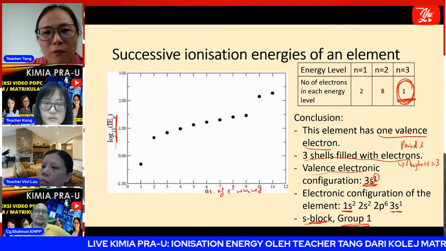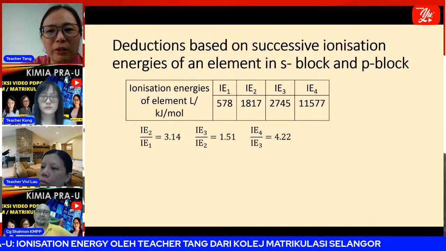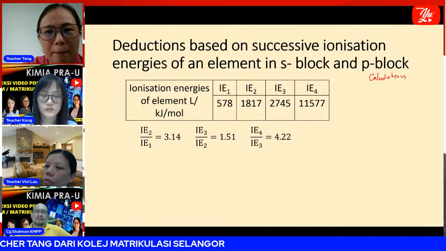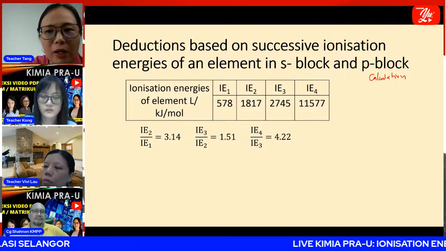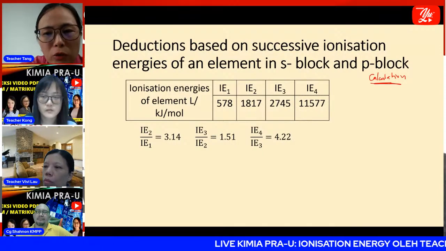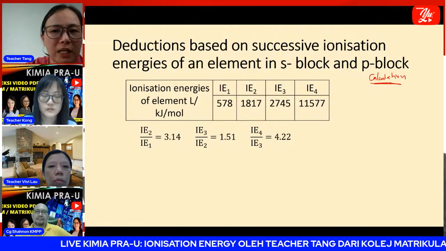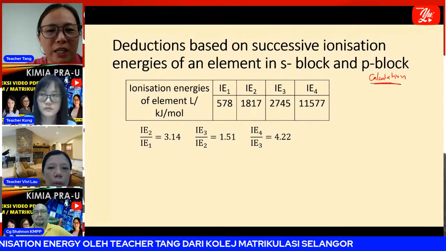If they don't give you a full set of data, then you need to use calculation to determine the position of the element. For calculation, you will not know how many shells are filled with electrons because they do not give you the full set of data. You won't know the period of the element.